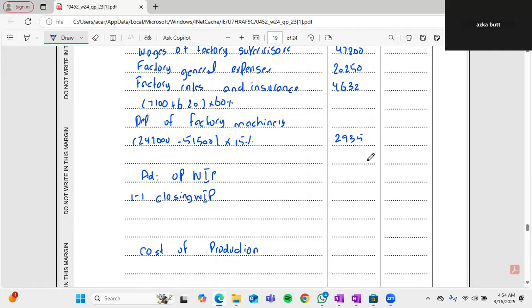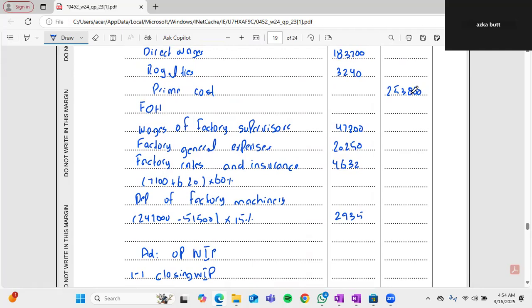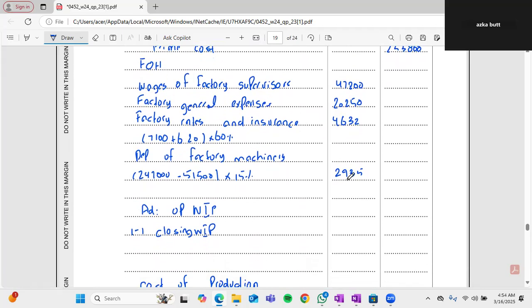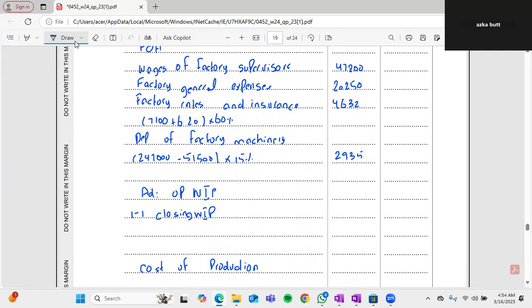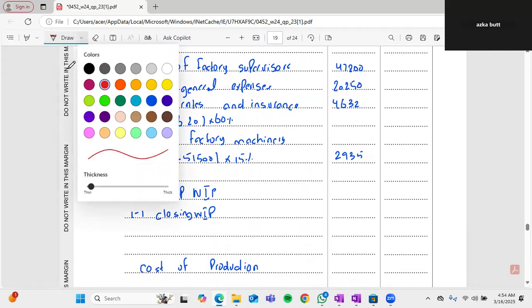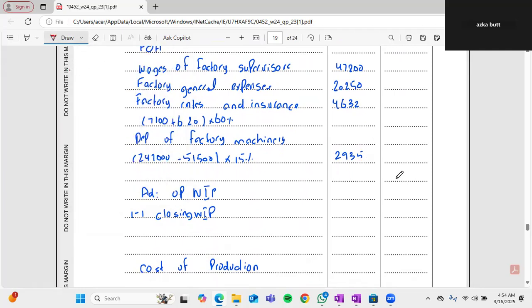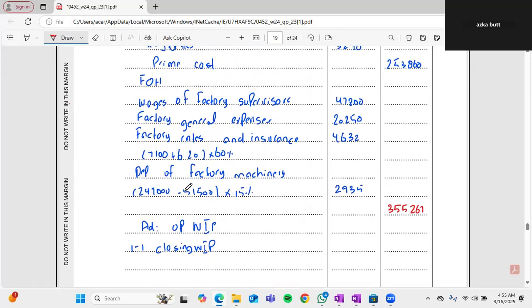Now if you add the prime cost and all the factory overhead expenses, you will get the answer, which is 355,267.